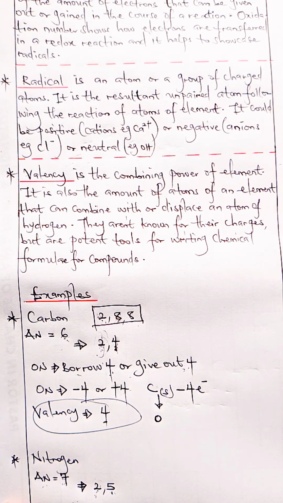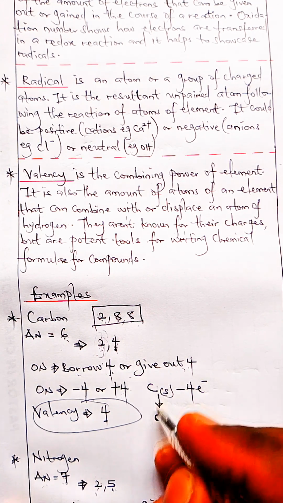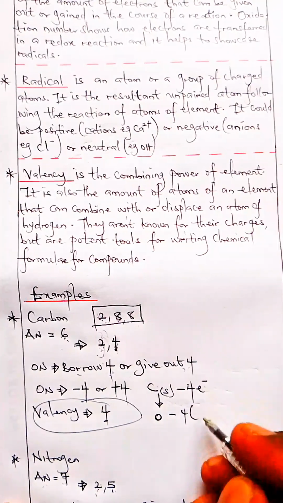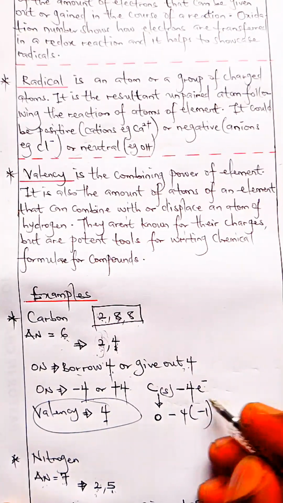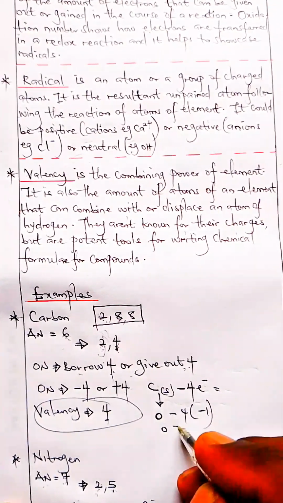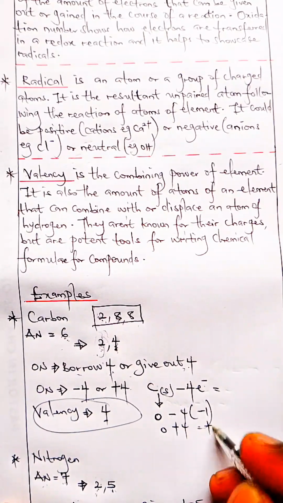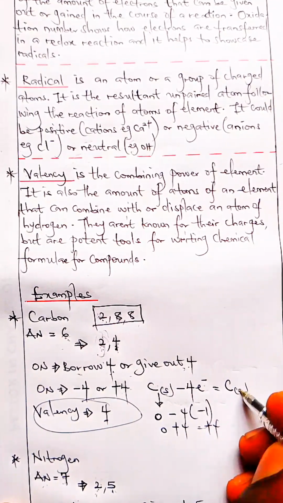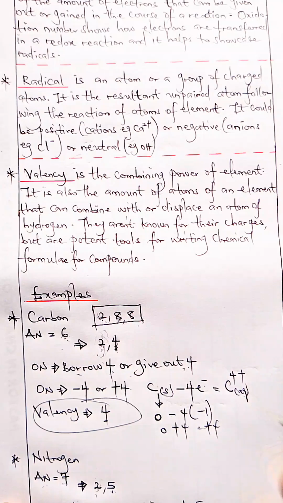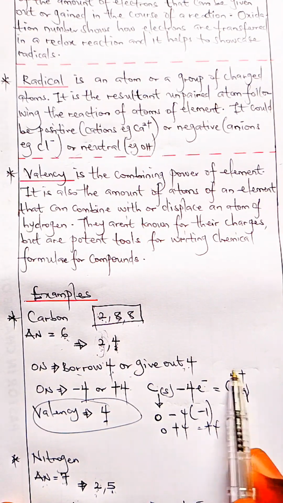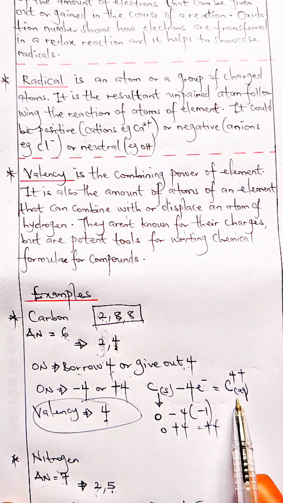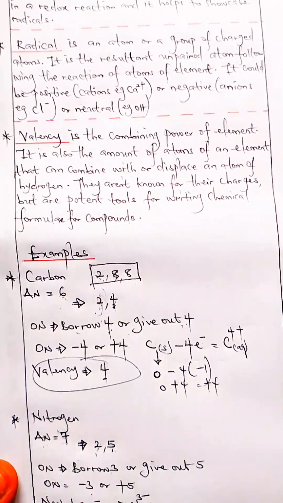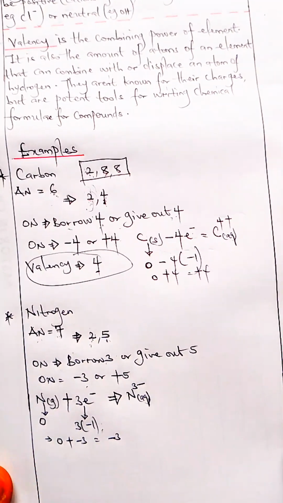So these are just hypotheses of what could happen when they react with another atom of an element. The oxidation number is 0, then -4, then -1. What will happen then? 0 minus a minus is plus, so 0 plus 4 is +4. So carbon becomes 4 plus. This is a hypothetical radical.